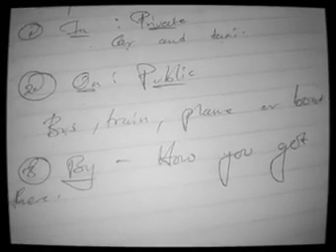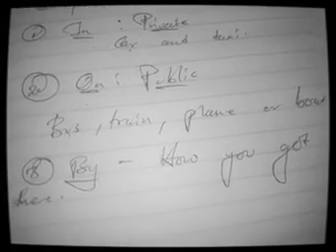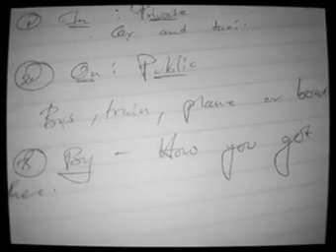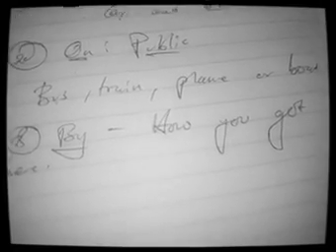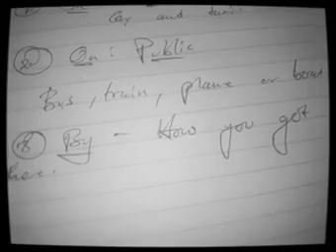So I would say I came by bus, by train, by plane, or by boat. You say I came by the mode of transportation that you inquired. So you say I came by car, by plane, or by water, boat. Okay, because by talks about how you got to a particular place.